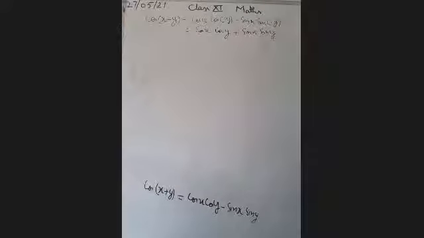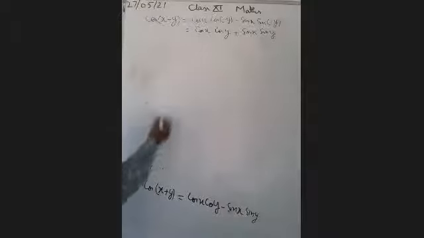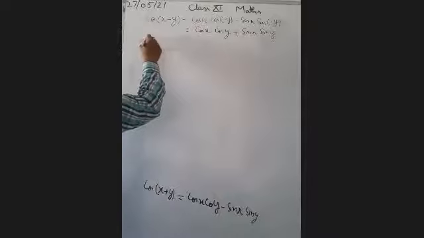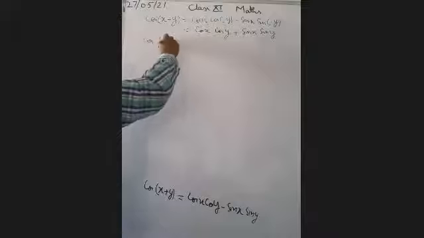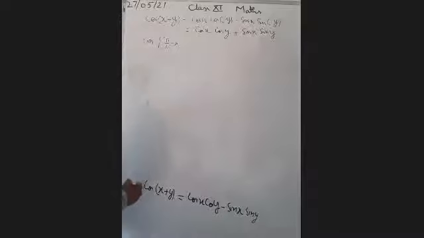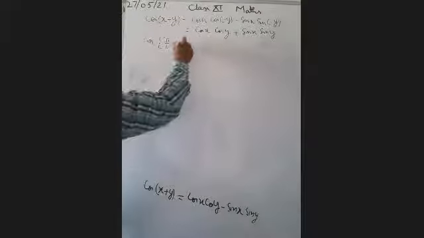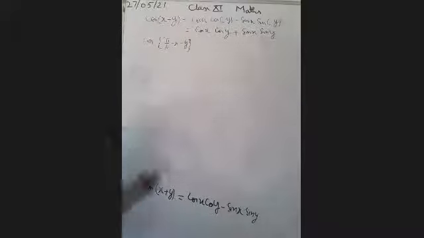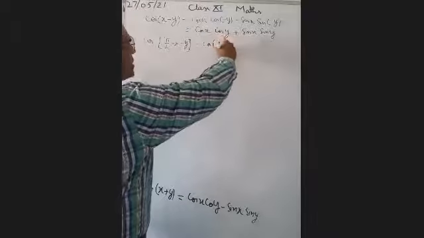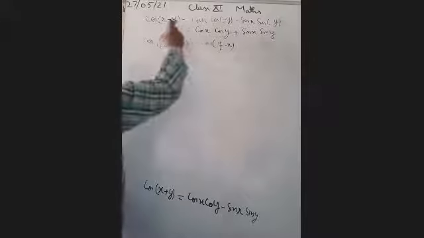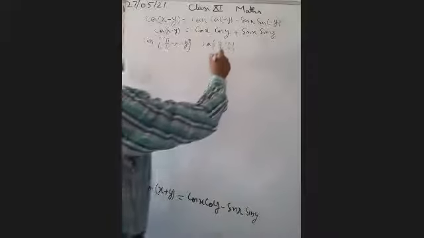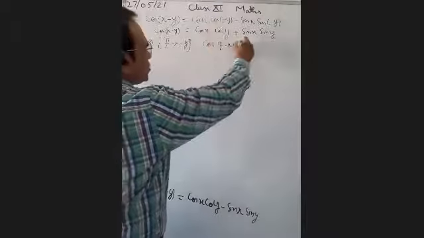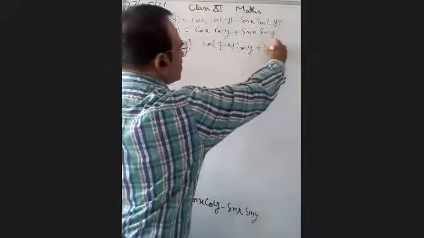So you have to remember this formula, cos(x − y) = cos x cos y + sin x sin y.